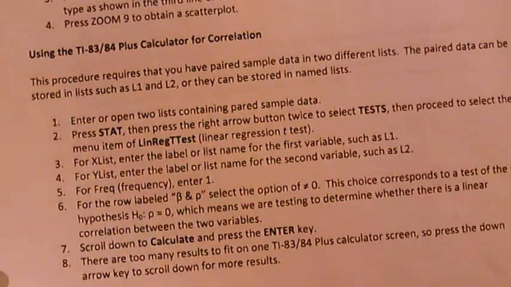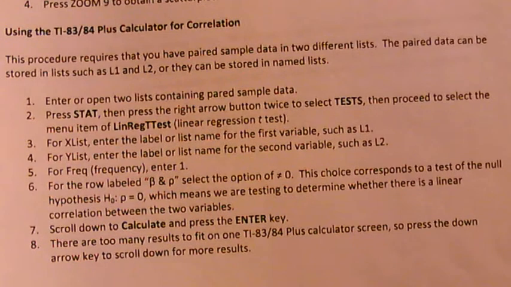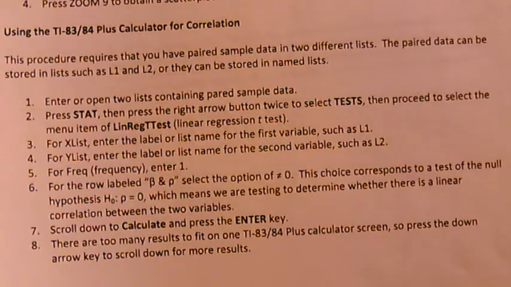Now, I do have the procedure for doing the correlation with paired data. You have to store your paired data in L1 and L2. Number one, you'll enter or open the two lists that contain the paired sample data.